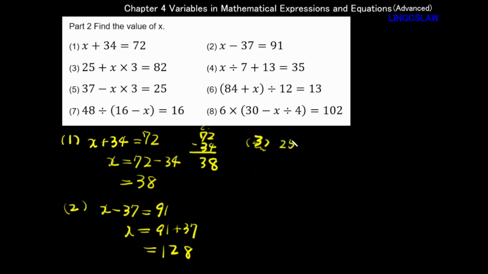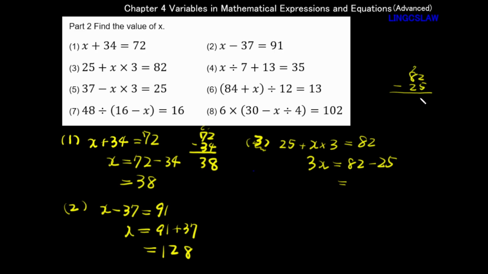Number 3, 25 plus x times 3 equals 82. So let's subtract 25 from both sides. 3x equals 82 minus 25.